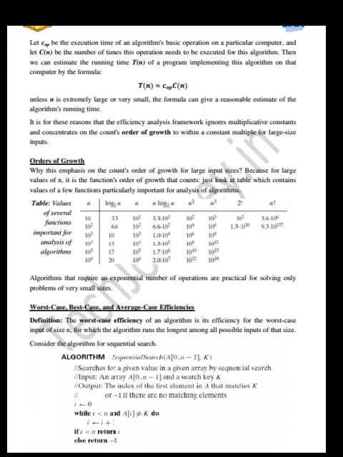Unless n is extremely large or very small, the formula can give a reasonable estimate of the algorithm's running time. It is for these reasons that the efficiency analysis framework ignores multiplicative constants and concentrates on the count's order of growth to within a constant multiple for large size inputs, the order of growth.